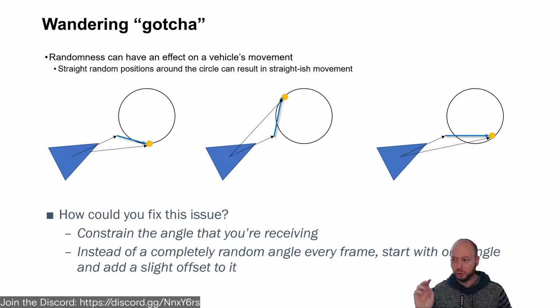So if you want it to be a little more gradual, not super random, instead of using a true random number generator each time, you don't necessarily want to create a new random angle each time. You would want to create a random displacement across time.